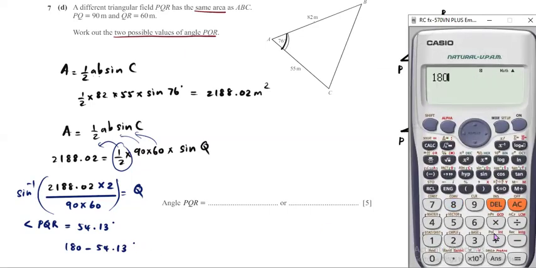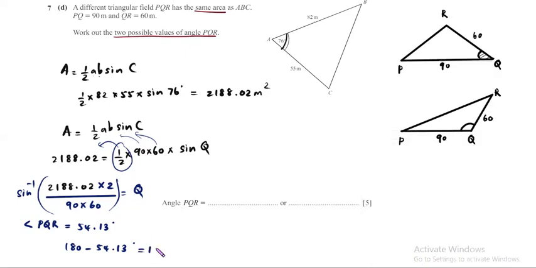So from 180, I'm going to deduct 54.13. This gives us 125.87 degrees. This will be the other angle, the obtuse angle. So we have now calculated the acute angle as well as the obtuse angle.